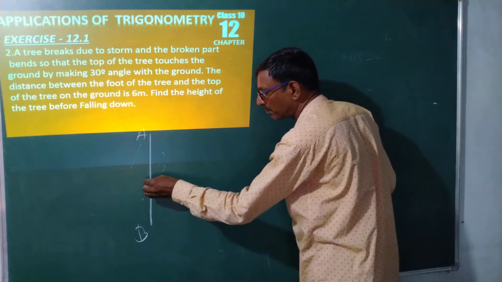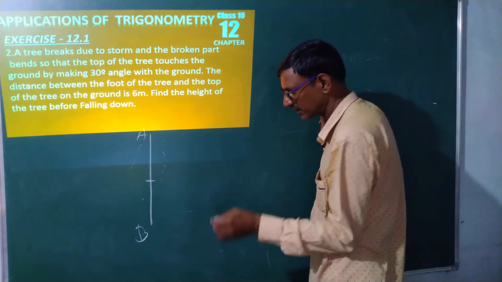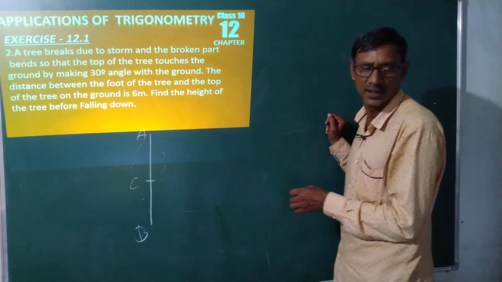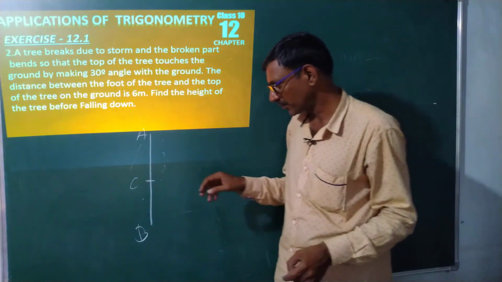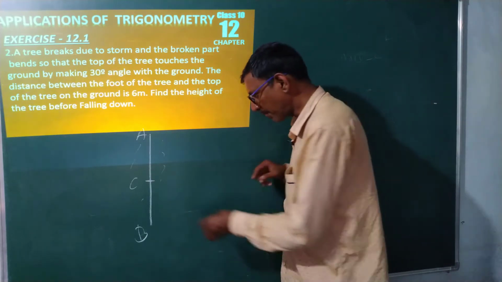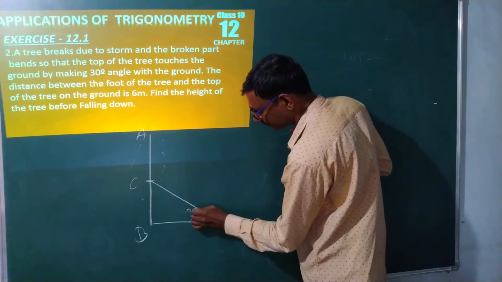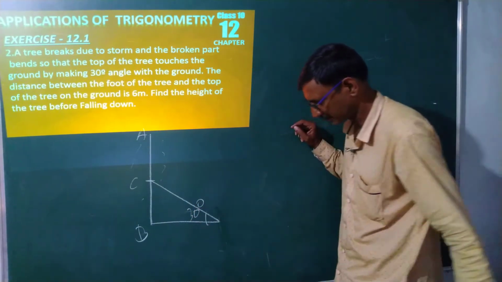Suppose it breaks at this point. Suppose we are assuming this is my C. So my tree breaks at C and bends, making an angle with the ground of 30 degrees.